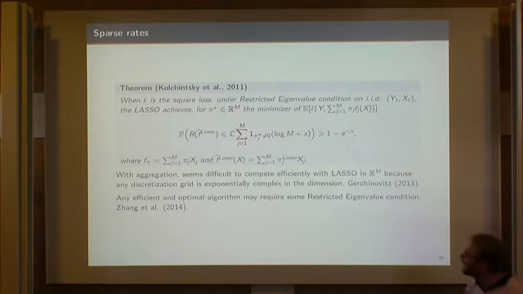It was the idea of Gerchinovitz in 2013, who actually proved that it's not so simple, because if you start by discretizing R^m and then look at each point in the grid as an expert, then you have a problem of complexity.